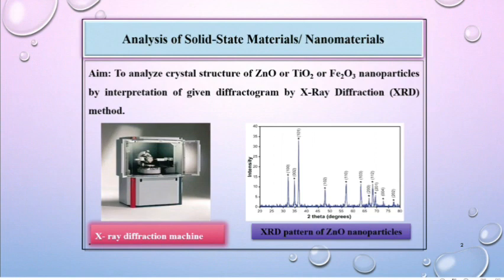There are several other analytical techniques used for the analysis of solid state materials.